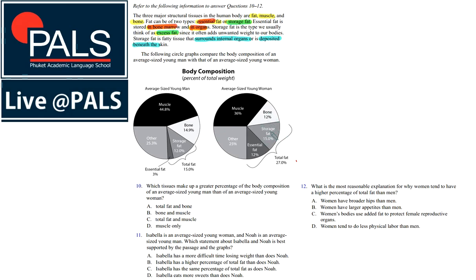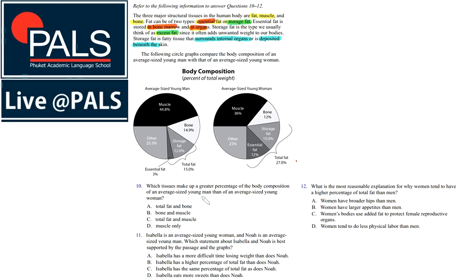Storage fat in women is a bit more, and essential fat is a lot more. Instead of 3% in males, we have 12% in women. So women have a lot more essential fat in the bone marrow or around organs to protect organs.